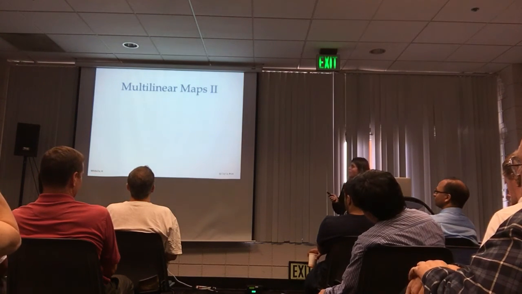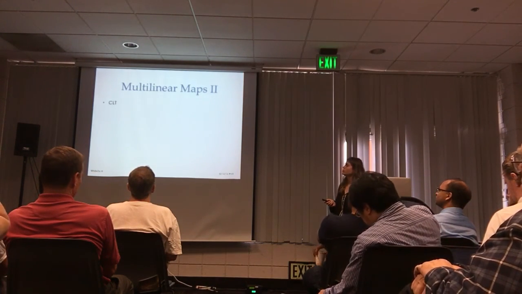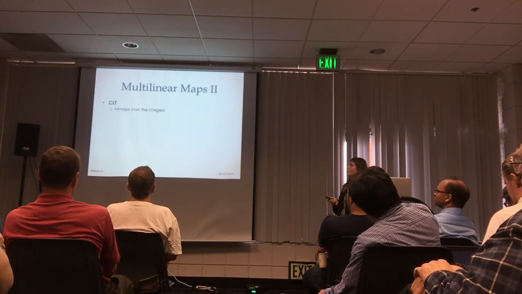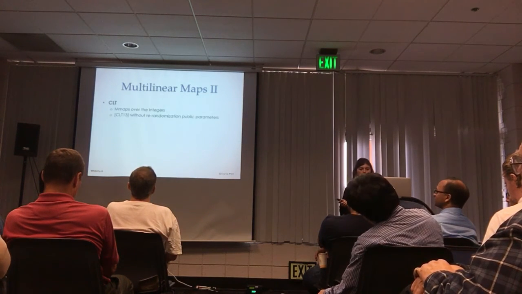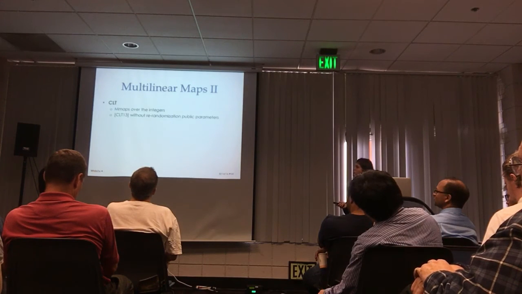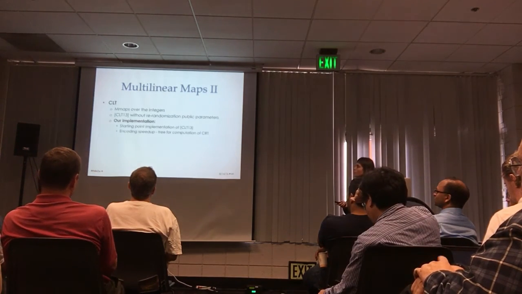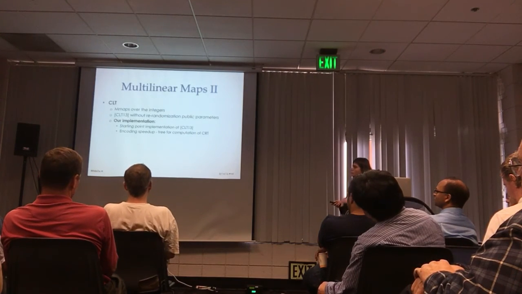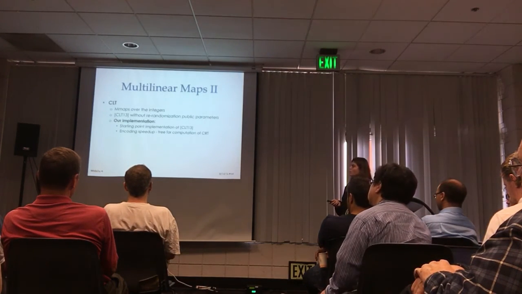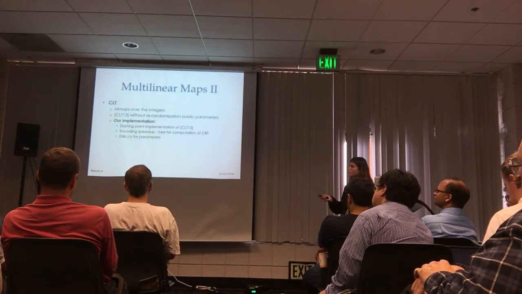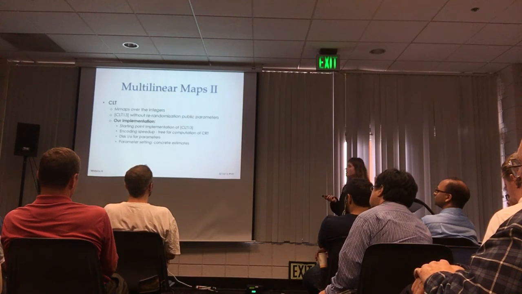For the second instantiation of multilinear maps, we looked at the CLT construction, which is multilinear maps over the integers. We started from CLT13, removing public randomization parameters. We also did some speedup for the encodings and the evaluation, and the same things that we did for the disk I/O.